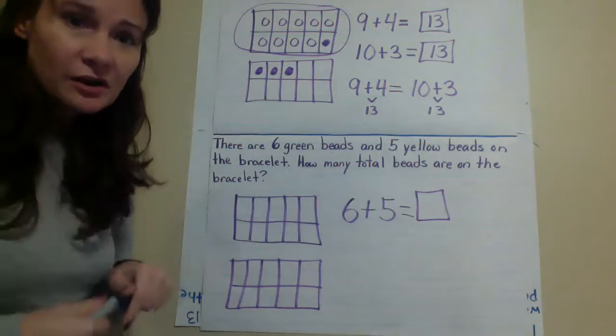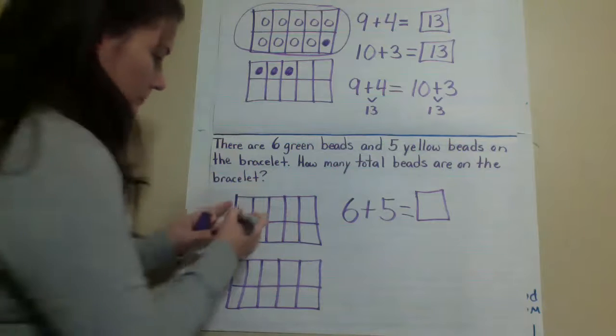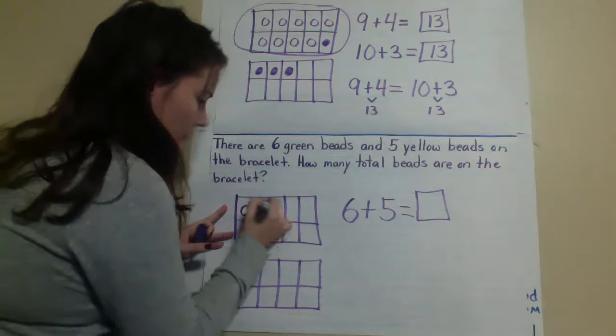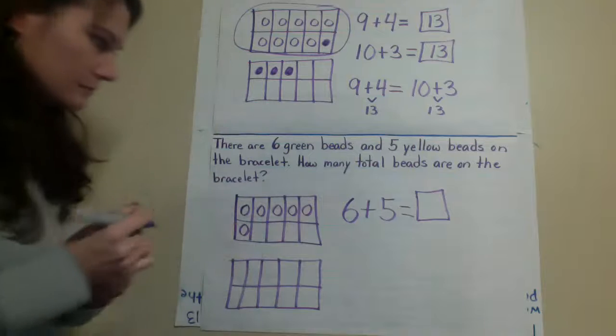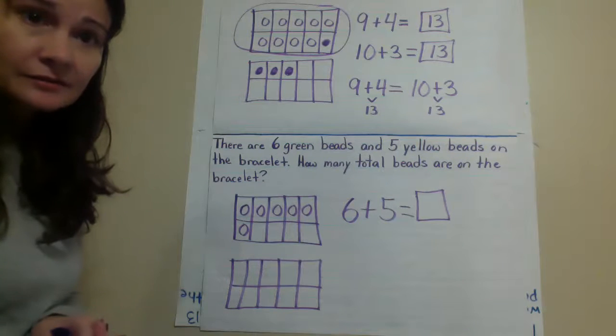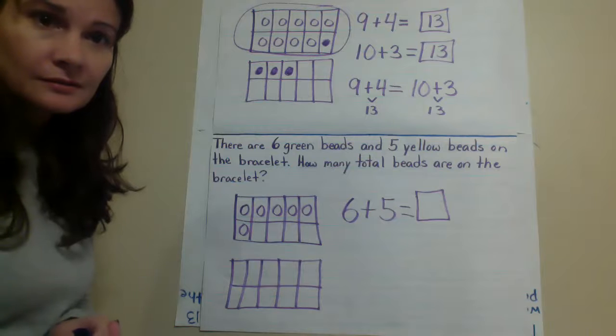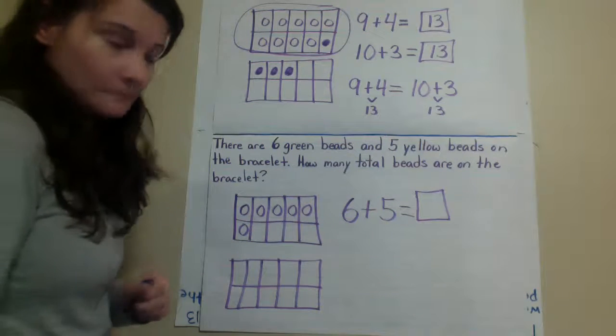So I'm going to start by showing my 6 up here. 1, 2, 3, 4, 5, 6. Now, how many more do I need to add? That's right, I need to add 5. So can you count with me?